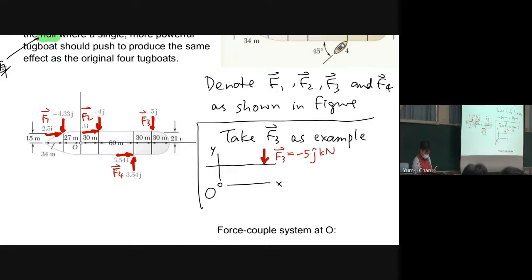So what is the distance between O and the line of action of F3?